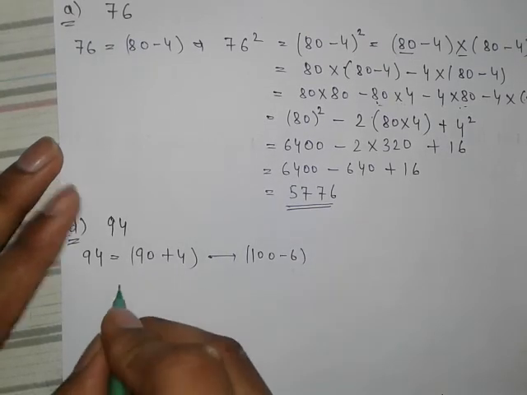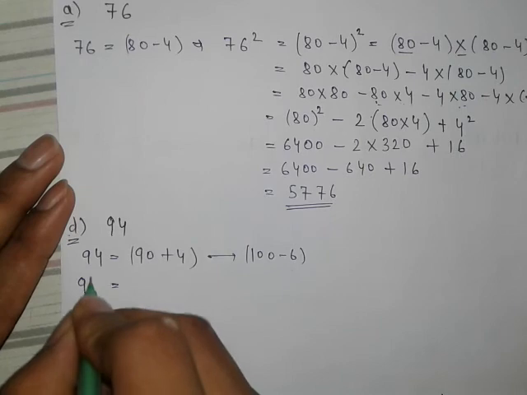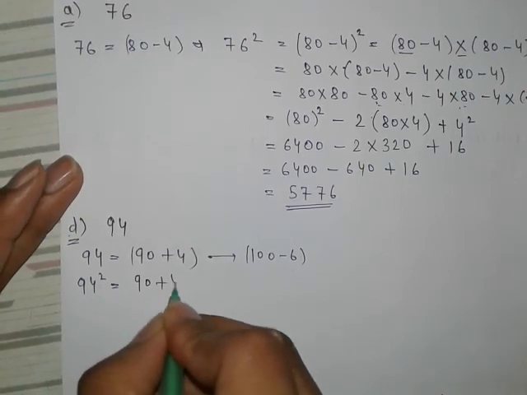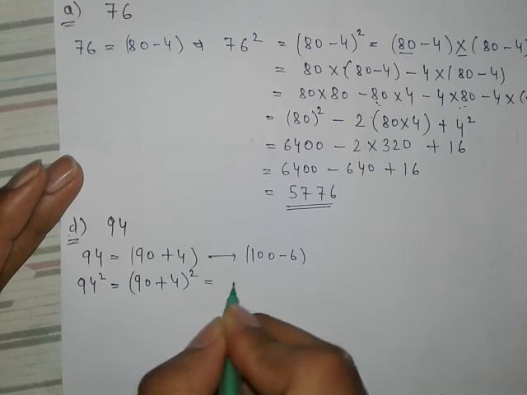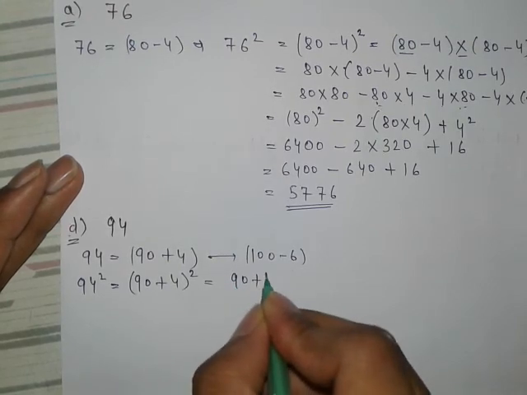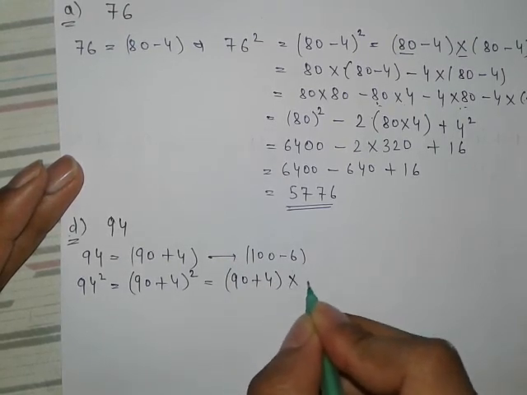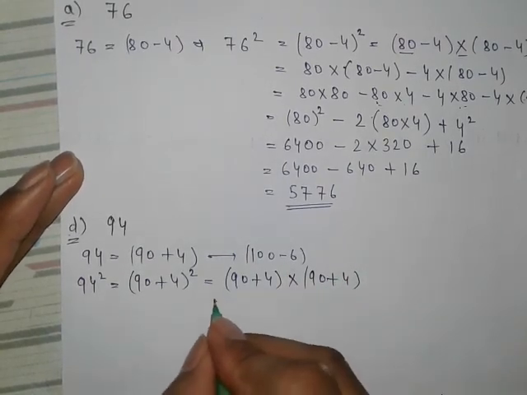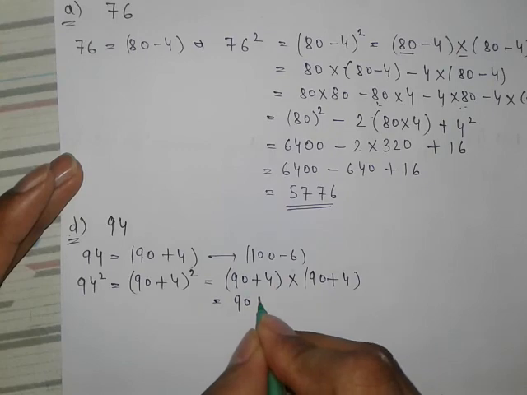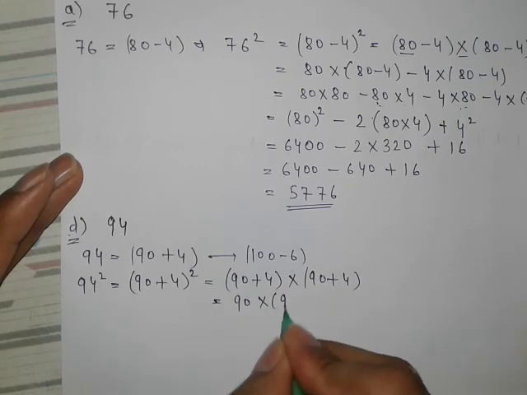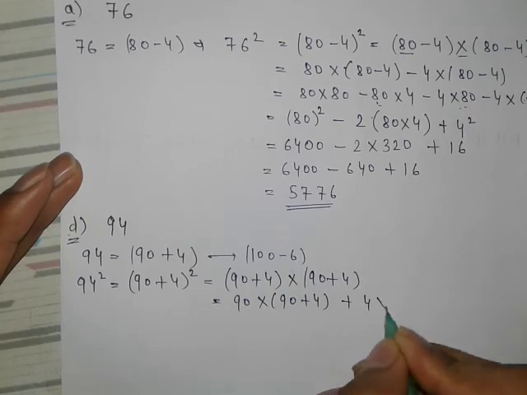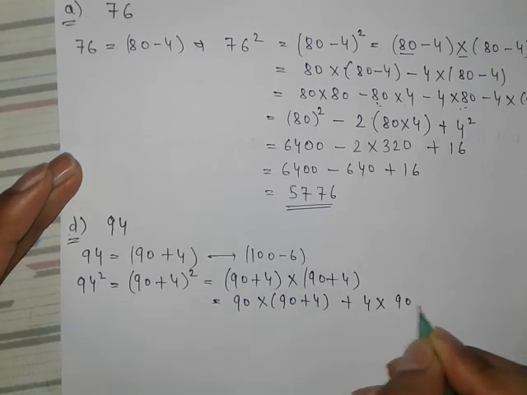So 90 plus 4, if you want to square the number, then 90 plus 4 will get squared also. So 90 plus 4 simply means you are multiplying 90 plus 4 again. So 90 multiply with the bracket again, then plus 4 and multiply it with the bracket.